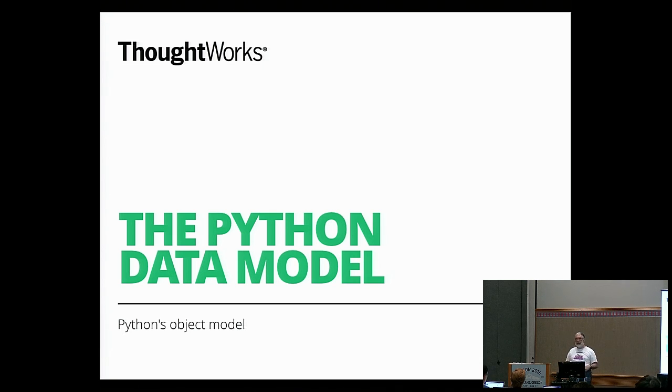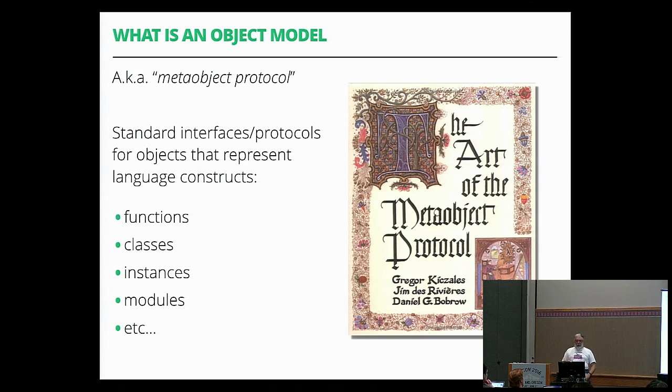And so does Dave Beazley, whose books I always love too. He calls it the object model. But the documentation refers to it as the data model. And I decided to stick to that terminology to encourage people to go read about the data model in the documentation.